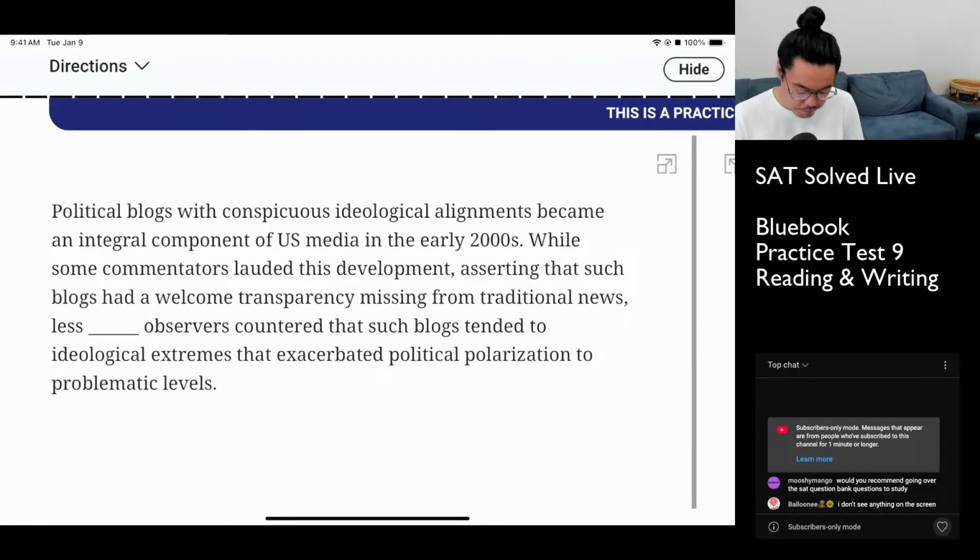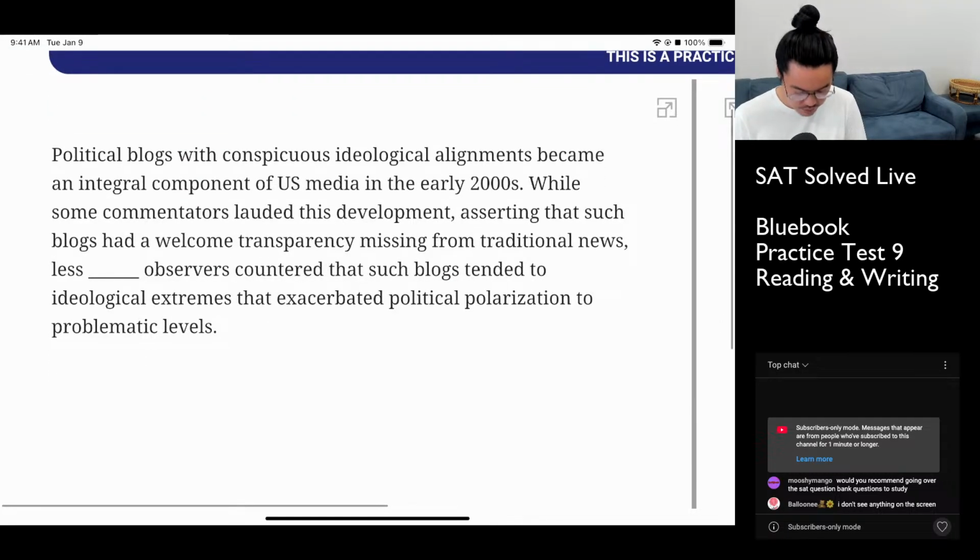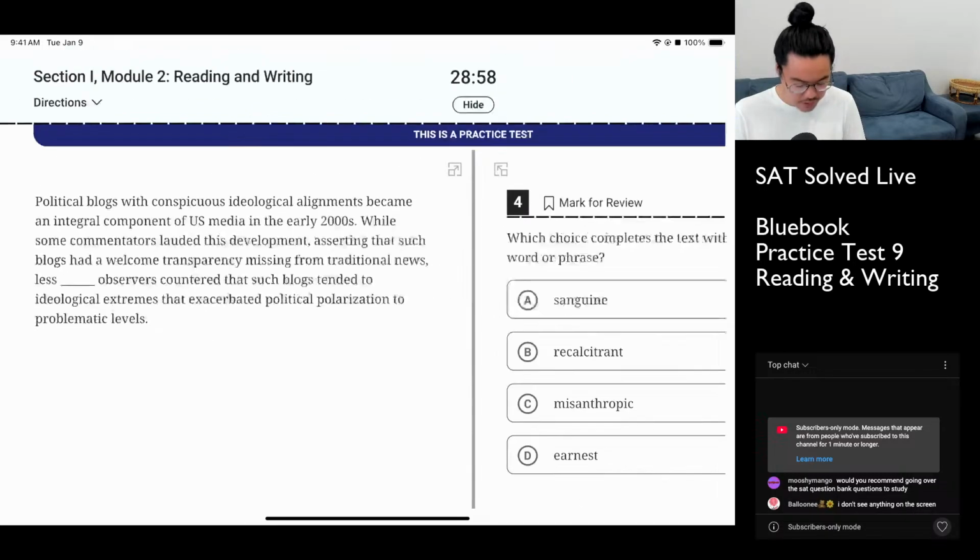Number 4. Political blogs with obvious ideologies became integral in the early 2000s. While some liked this because of transparency, less welcoming observers, less laudatory observers, countered that such tendency. Okay, yeah.